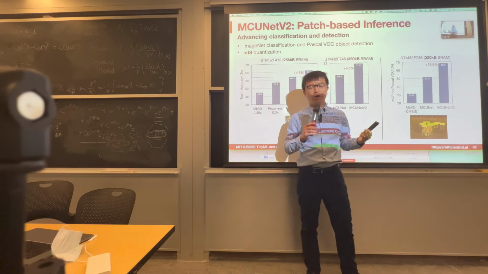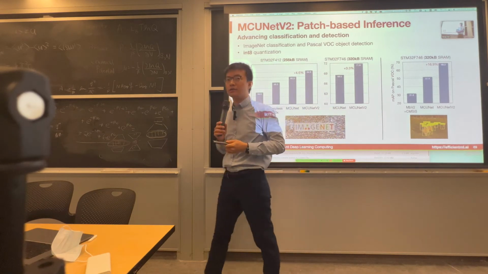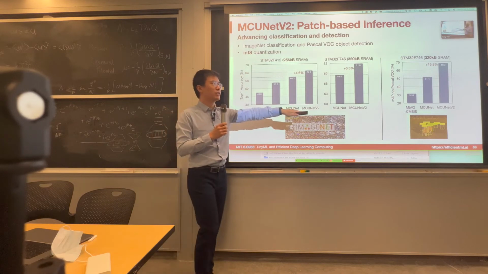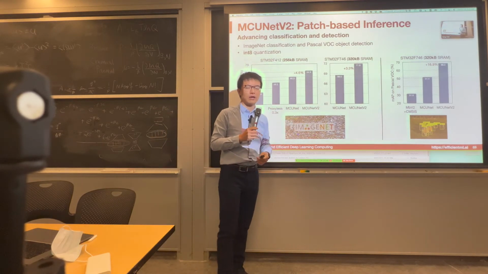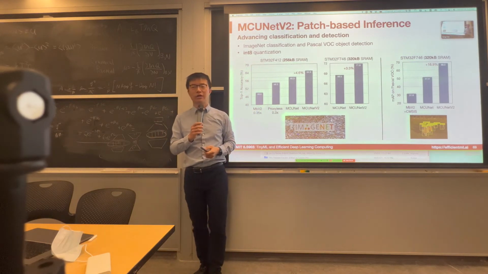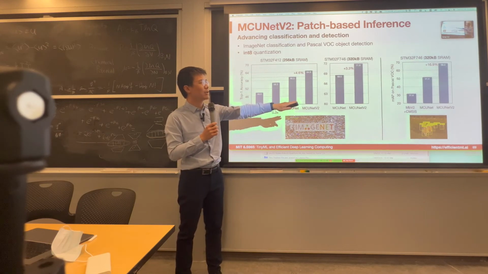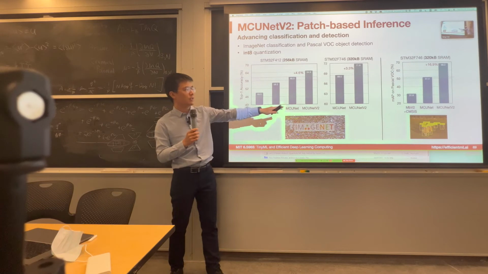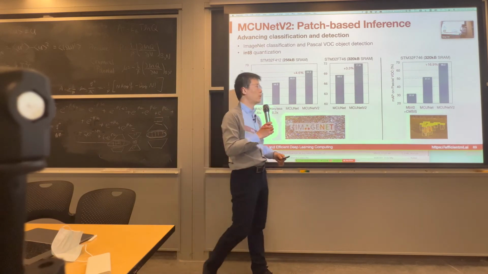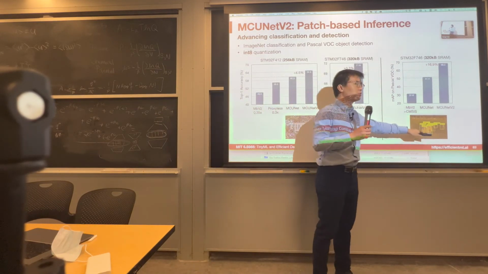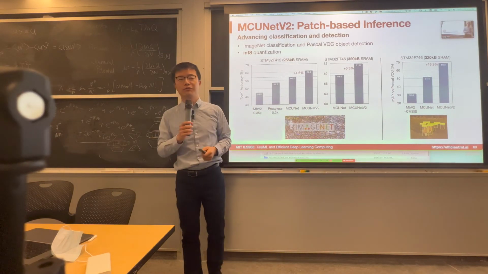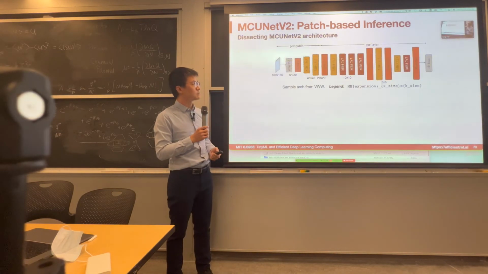Otherwise, those small objects will be completely lost under small resolution. That's why for such detection tasks we can have a much more significant accuracy improvement compared with classification. And also, detection is a very widely used application, much more widely used than classification. So I highly recommend trying that for your final project.